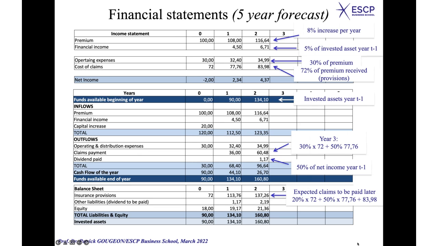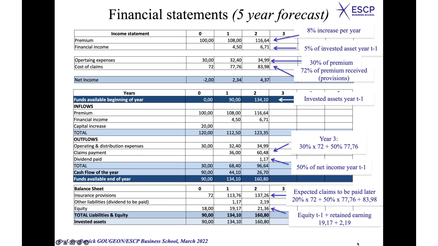You consider that you will have to pay later on 83.98, and you still have paid nothing from that. So you have the full cost of claims of the premiums received in year 2. So altogether, it means 137.26.